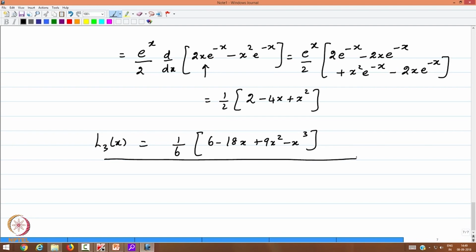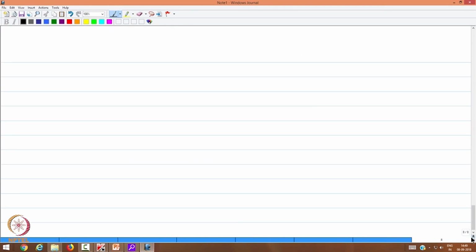Use these L1, L2 and L3 to get the next function Ln L of x. So, if n is 1, in our case L is 0. Therefore, if we have to use the LnL expression, recall that the expression for Ln L of x is minus 1 raised to L, the Lth derivative with respect to x of the function Ln plus L of x.